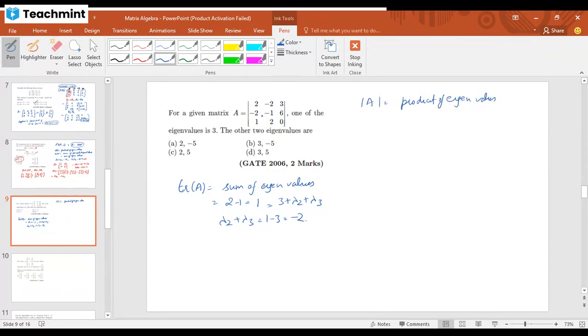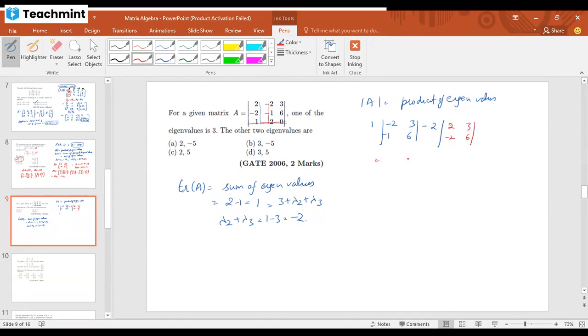So what is the determinant of A? If we expand through the third row, we get 1 times, excluding this row and column, this is minus 2, 3, minus 1, 6. Then minus 2 times, excluding the second row, column and third row, this is 2, minus 2, 3, and 6.